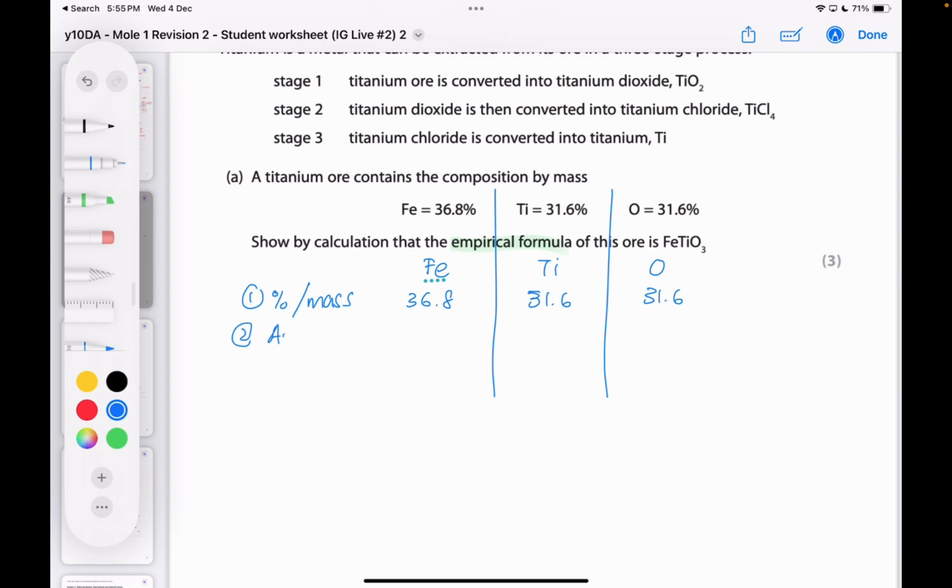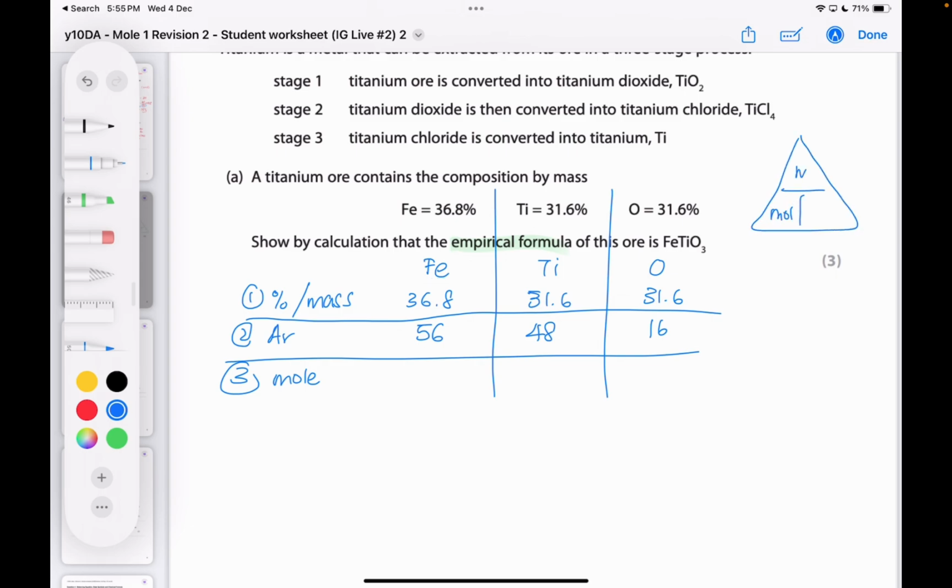Second step, use the periodic table to find the Ar. Iron is 56, titanium should be 48. Let me just do a quick check. Yay, it's 48. Okay, and oxygen is 16. Okay, so do the same thing for 36.8 divided by 50. My third step here is to find the number of mole.